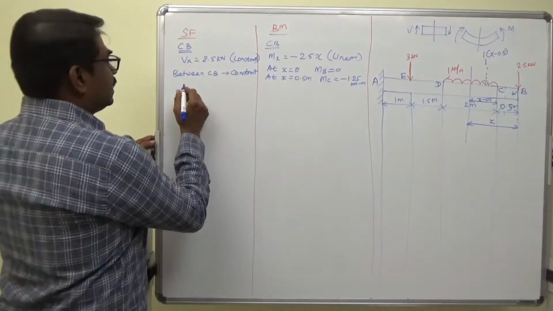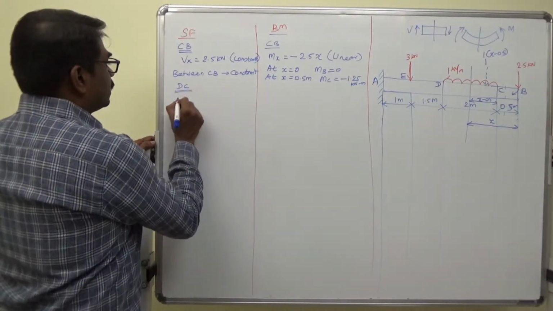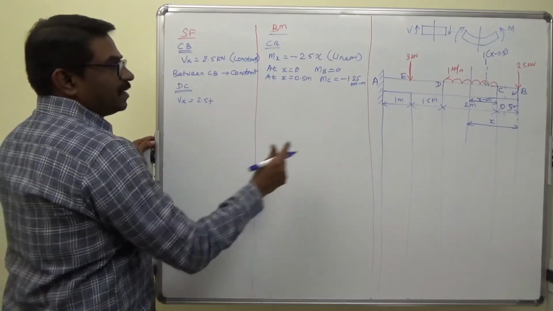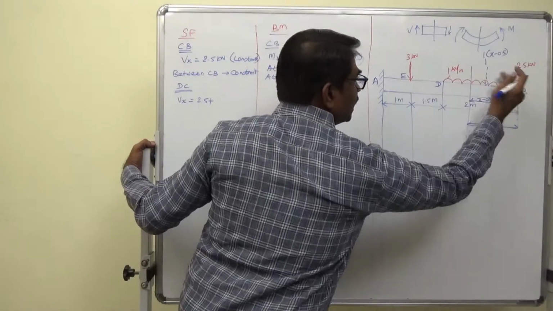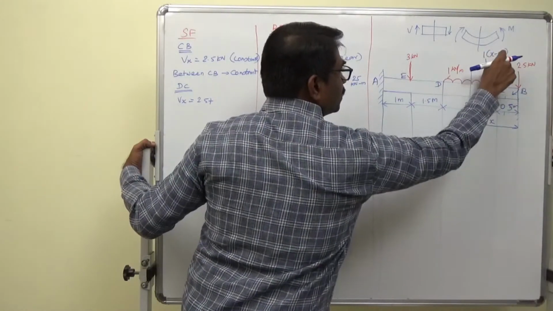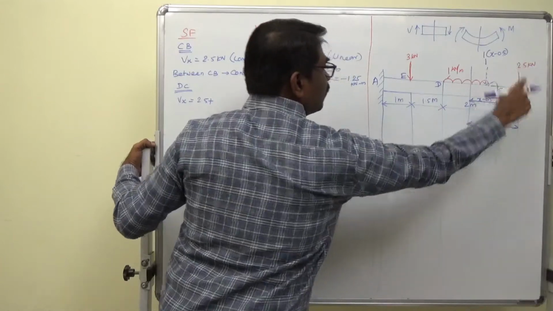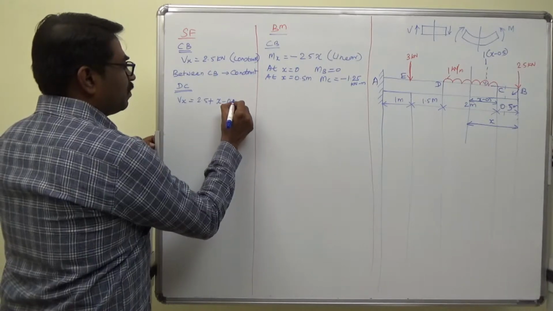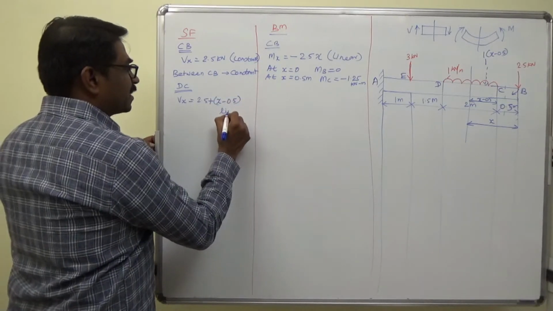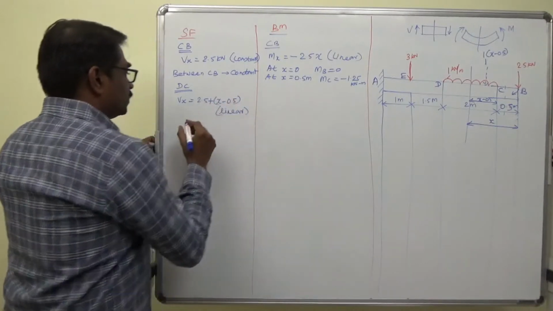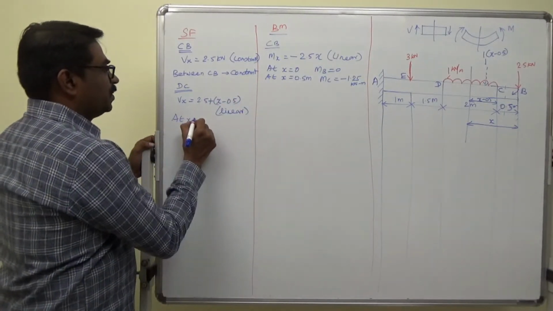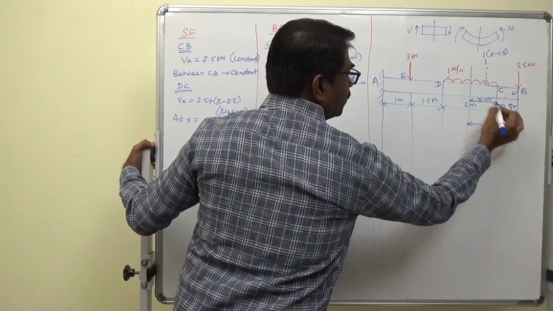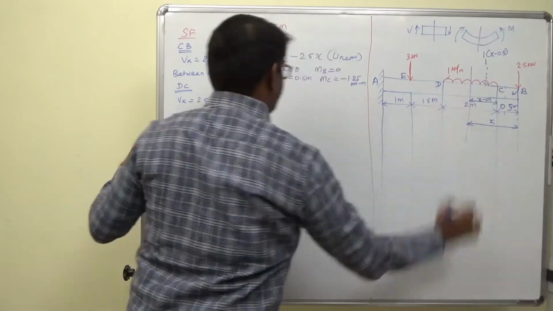So between DC, Vx equals 2.5 plus, because to the right of this section I have one external force and another external force, so I will add both: x minus 0.5, and it is a linear expression. For this segment DC, x starts from 0.5 and ends at 2.5 meter.